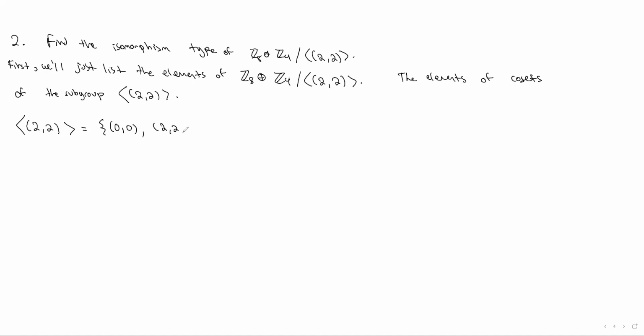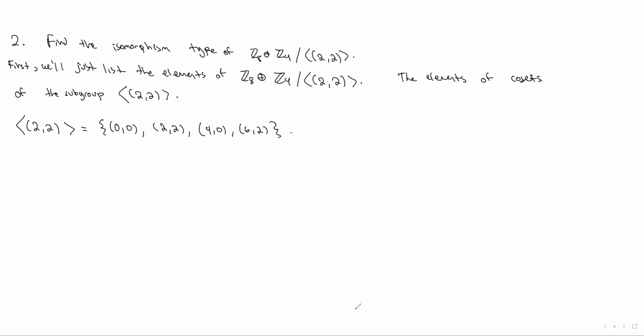It has (2,2). It has (2,2) plus (2,2), which is (4,4), which is equal to (4,0). And then it has (6,6), which is equal to (6,2). Okay, I'll just write (4,0) and (6,2). And that's it.